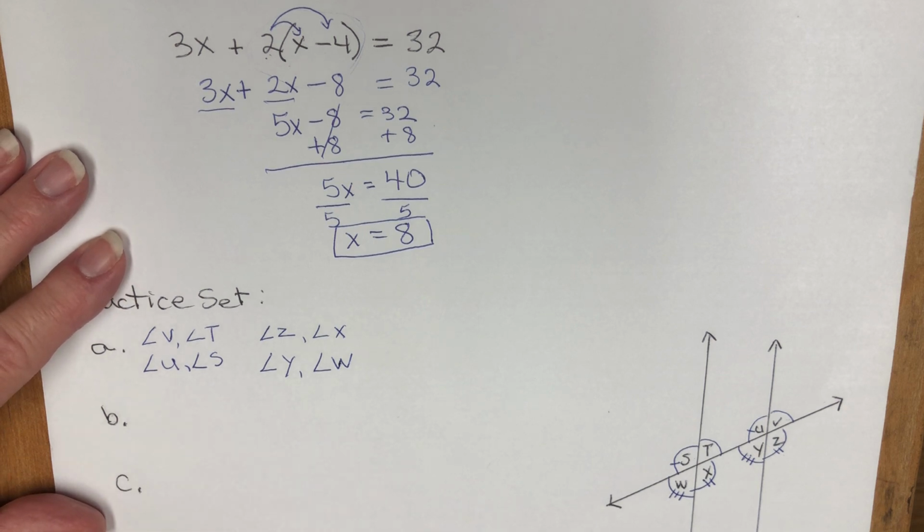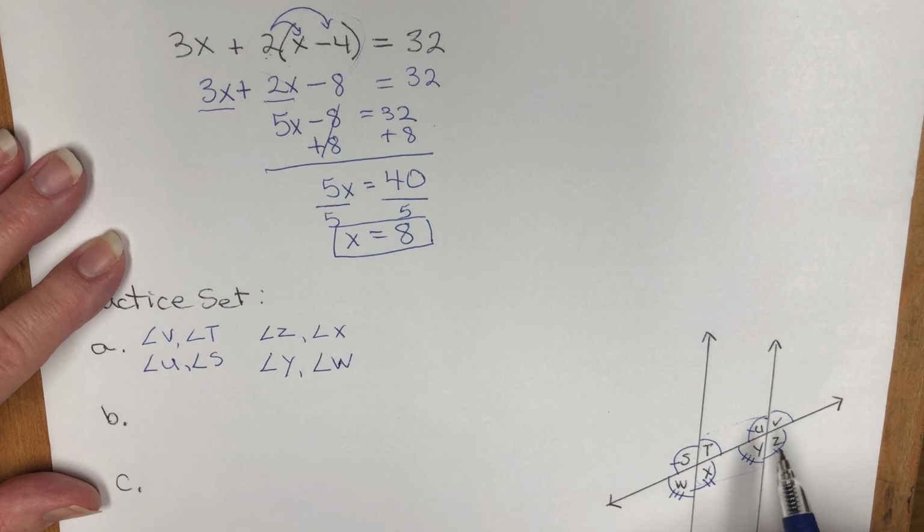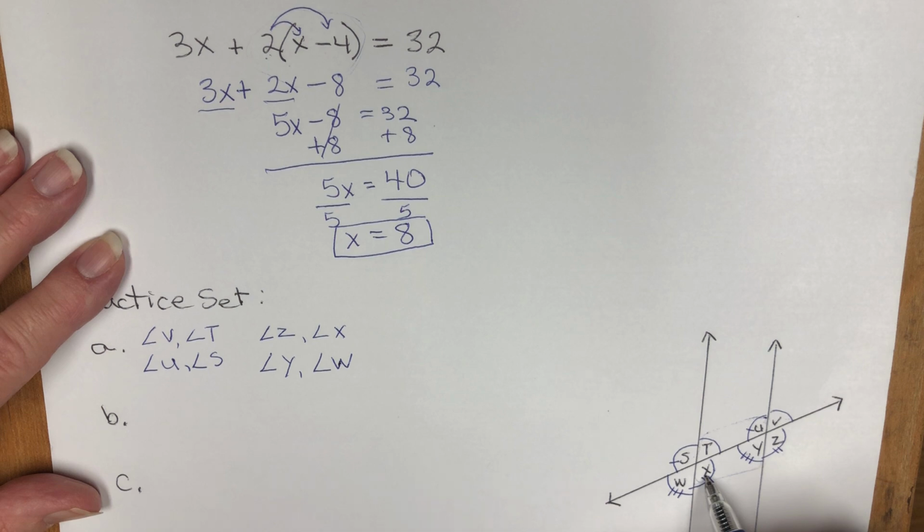For B, they ask us for 2 pairs of alternate interior angles. Alternate means they're on opposite sides of the transversal, and interior means they're inside the parallel lines. So we're going to look for them in these 4 angles right here. U and X are alternate, they're on opposite sides, and they're inside the parallel lines.